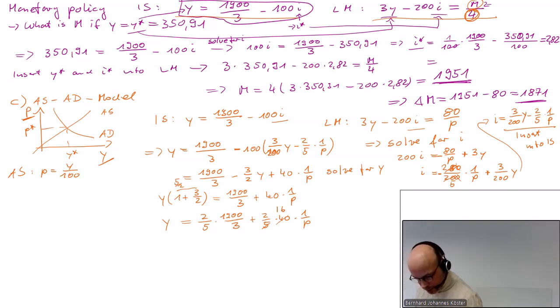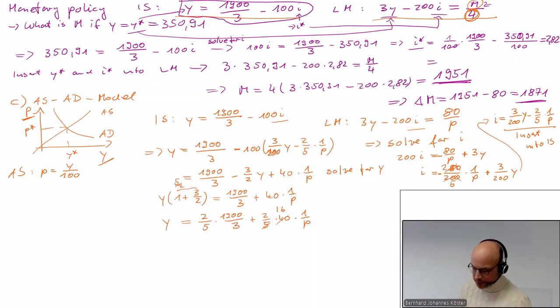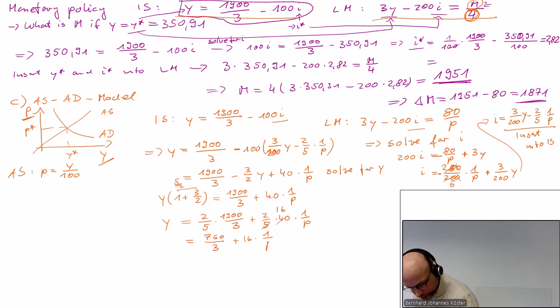And what is 1900 over 5? It is 380, 760 over 3 then, yeah? Plus 16, 1 over p. And this would be then our AD curve.